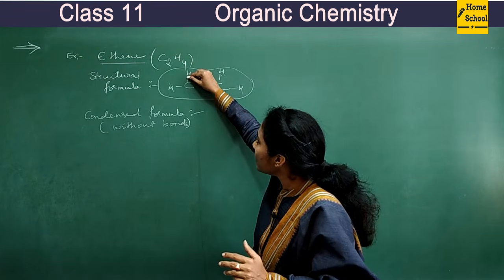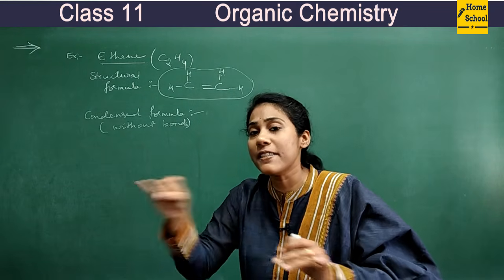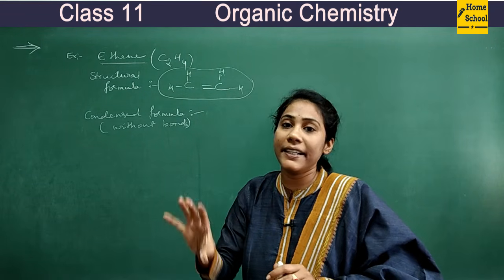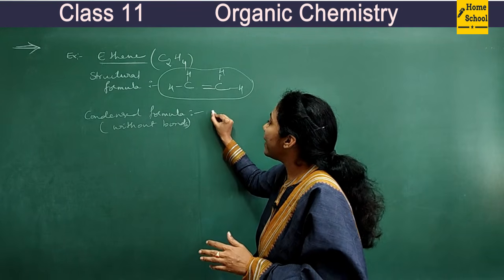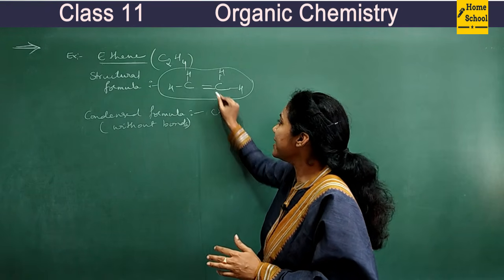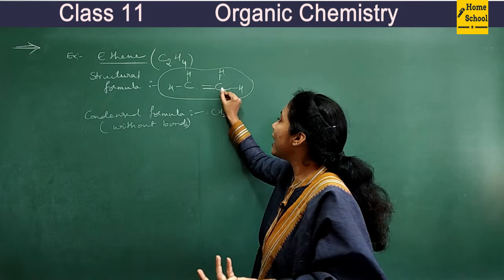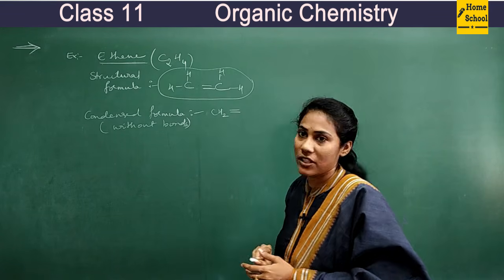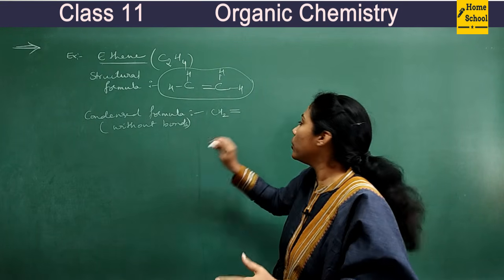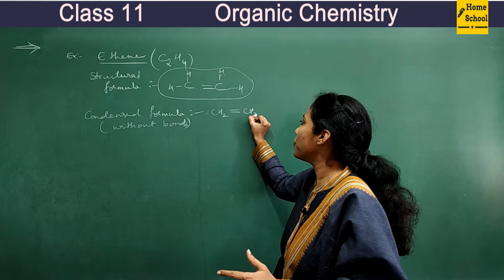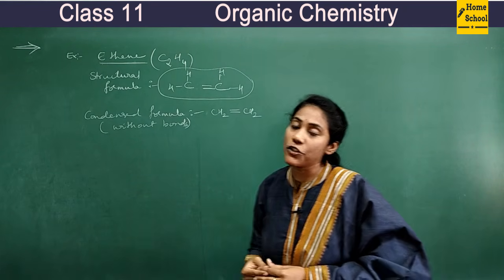I don't mention the bonds between carbon and hydrogen normally. So this one, I'll write as CH2. Since it is a double bond, we need to know that there is a double bond between carbon and carbon, so I will mention the double bond. Here the CH bonds also I don't mention. I'll just write CH2. This is what we call condensed formula.